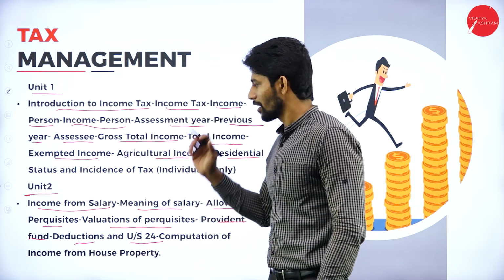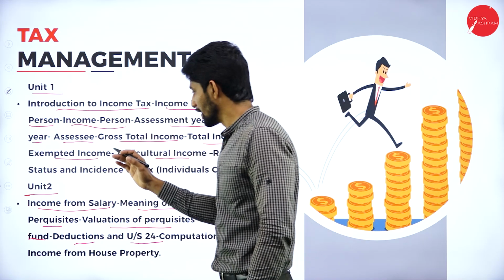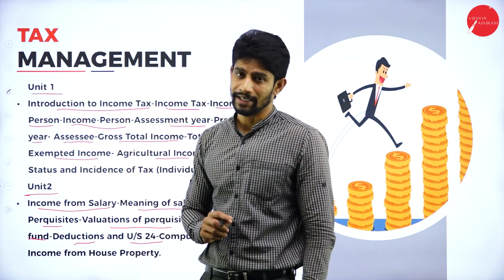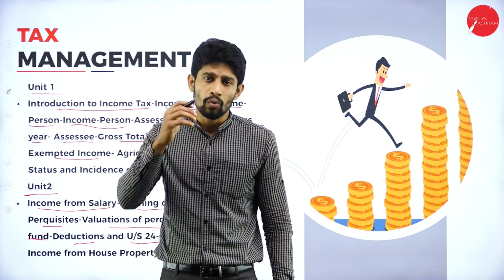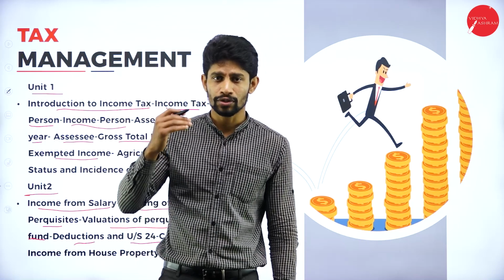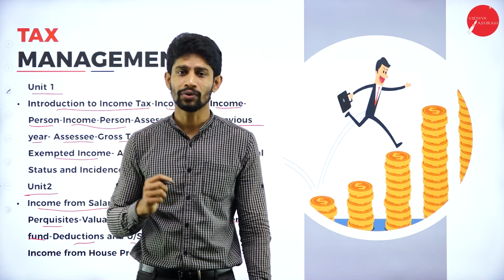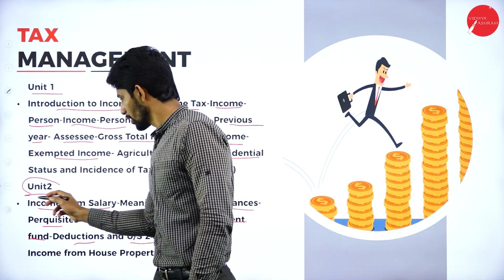So what items come under income from salary, what are allowances and perquisites, and what we are supposed to add and deduct with respect to income from salary. This is what we are going to study under Unit 2.